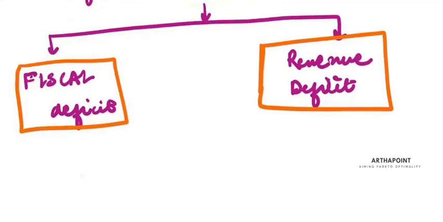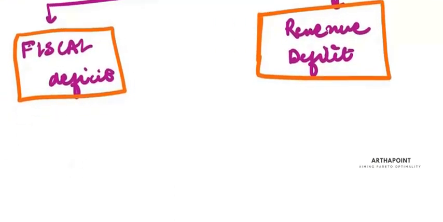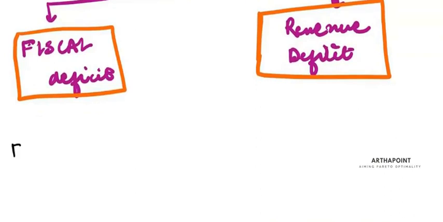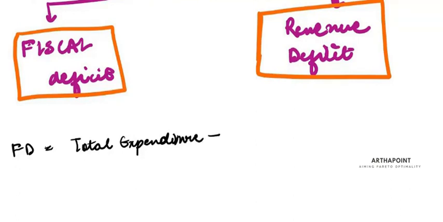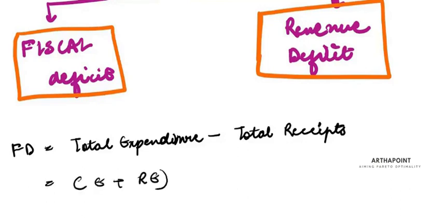Let us try and understand what is fiscal deficit. Basically, fiscal deficit is total expenditure of the government minus total receipts of the government. Now, what is the total expenditure of the government? Well, the government can do capital expenditure, or the government can do revenue expenditure. The government can have capital receipts, or the government can earn revenue receipts.